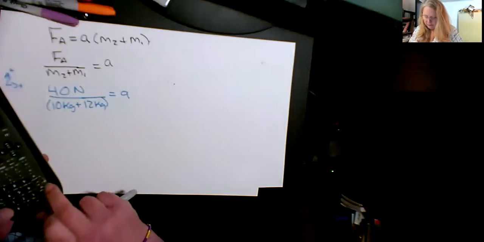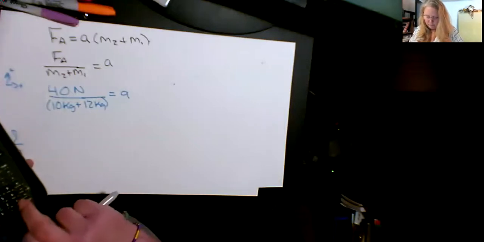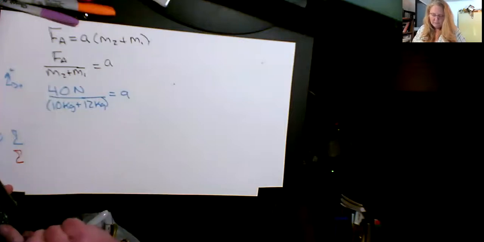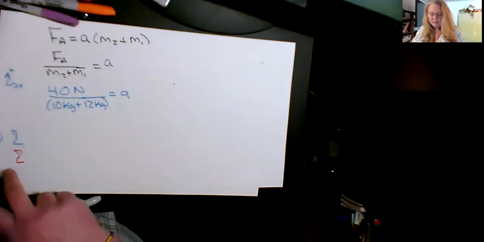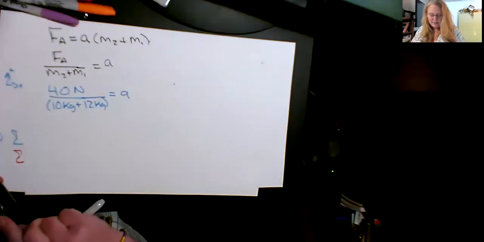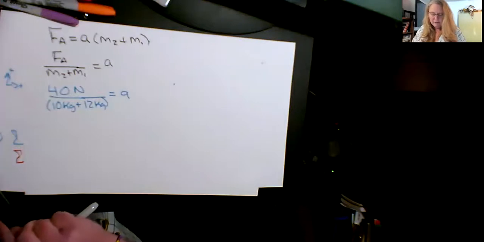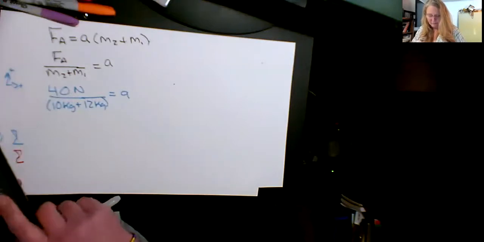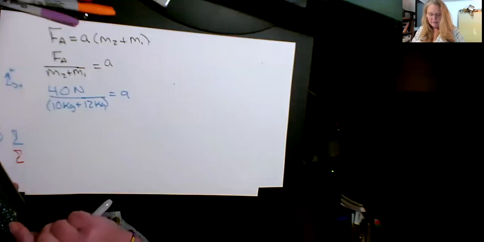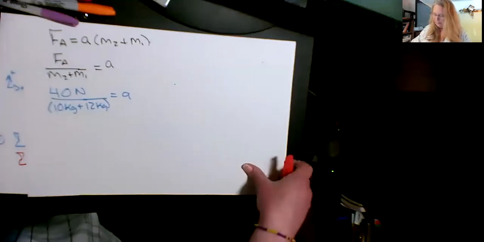So 40 divided by 22. Oh, come on. There we go. That is not right. It took the tan of it. Why would it do that? It's still doing it. There we go. 1.8.